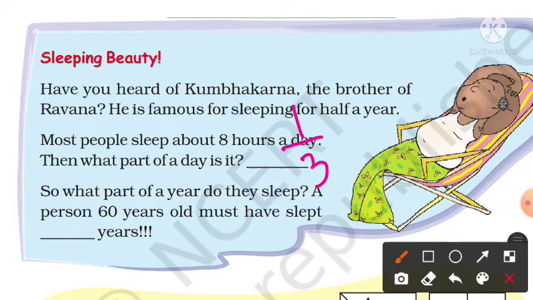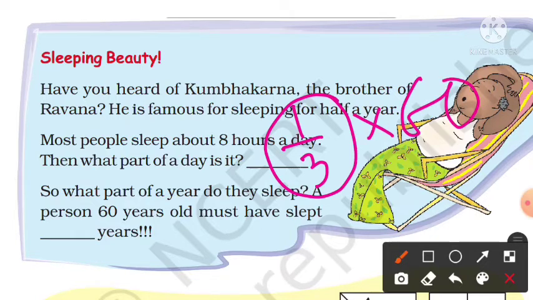Here it is the 1/3 part of a day, so it will be 1/3 of 60 years, that means 20 years. So a person 60 years old must have slept for 20 years.